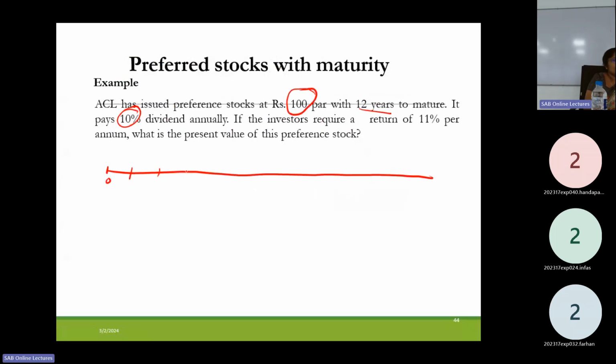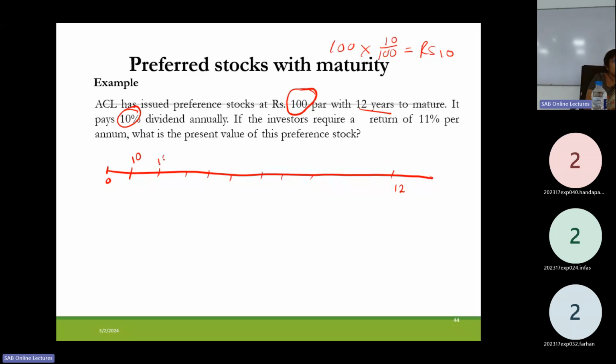Annually you get 10 rupees as the dividend, because 100 into the dividend rate of 10% gives 10 rupees.